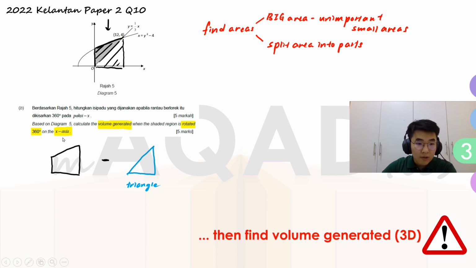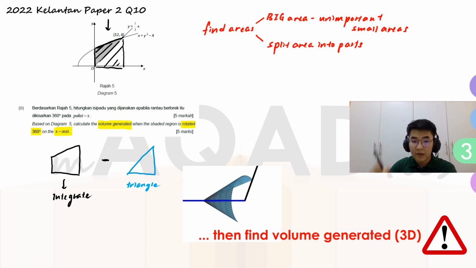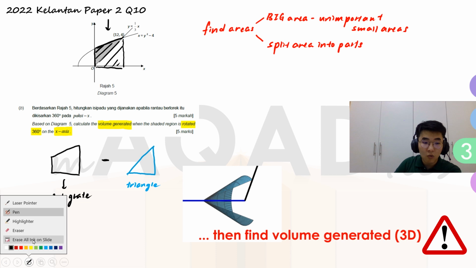We imagine these two areas are rotating around the x-axis. Okay, so for this region, if we want to find the area, we integrate. For volume, same thing as well. Okay, so to find the volume, we just need to integrate, but the formula will be slightly different. Okay, so later we'll explain this. So for the triangle, if we rotate around the x-axis, as you can see in this video, it becomes a cone.